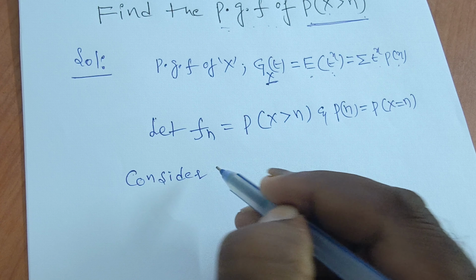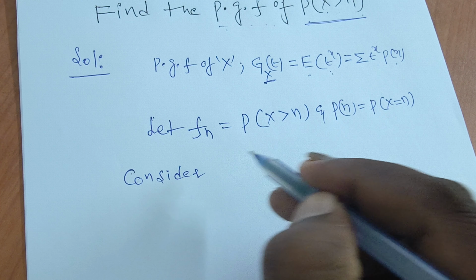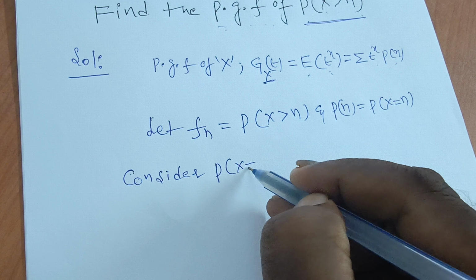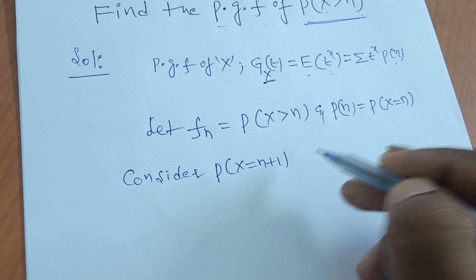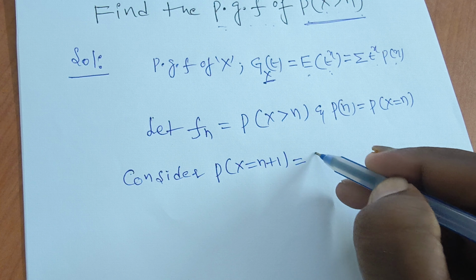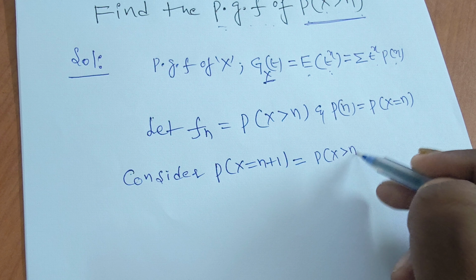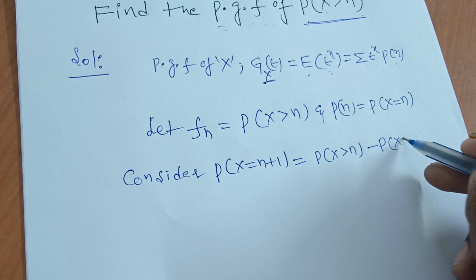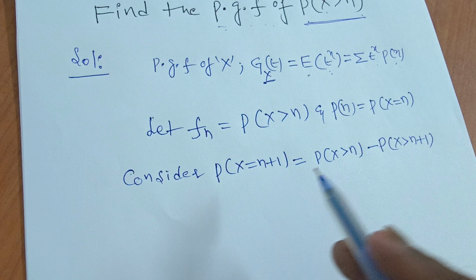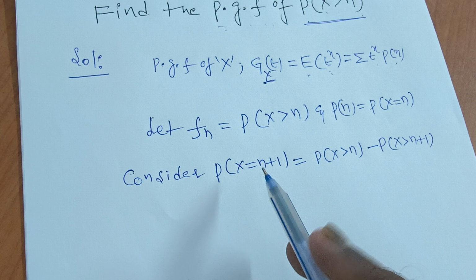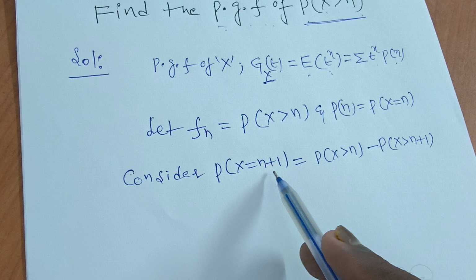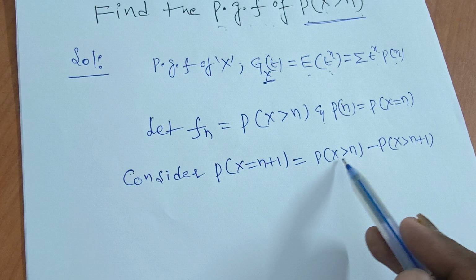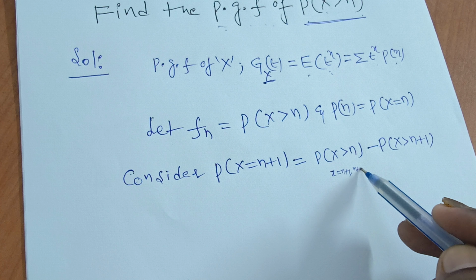Consider the value p of x is equal to n plus 1, which is equal to p of x greater than n minus p of x greater than n plus 1, because p of x greater than n means x is equal to n plus 1, n plus 2, and so on.